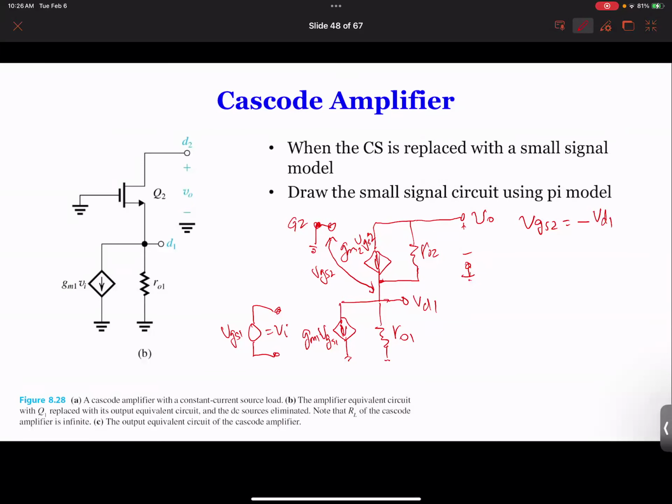And then VD1 is calculated to be minus GM1 VGS1 times RO1. And then you have VO relative to ground equal to GM2 VGS2 times RO2, and also there should be a minus sign.